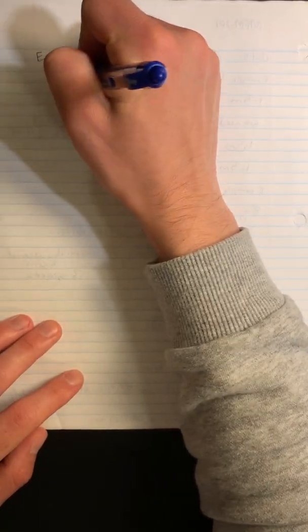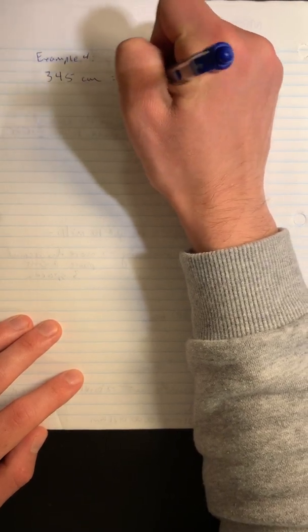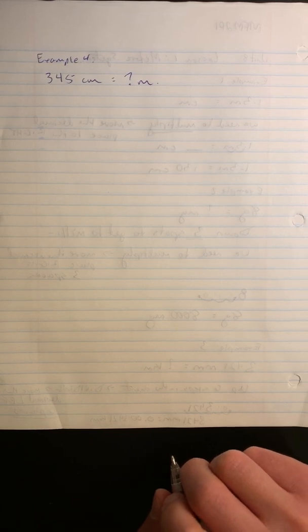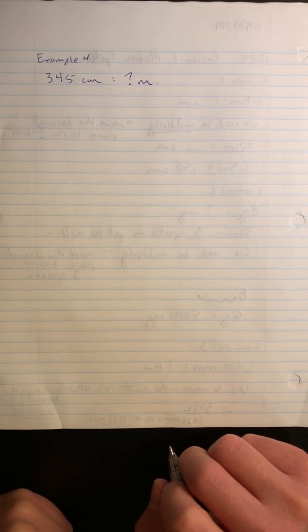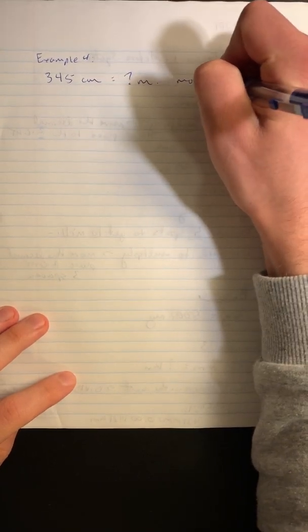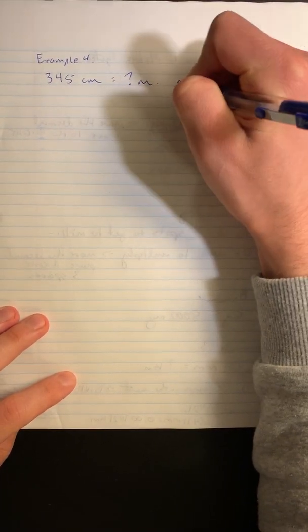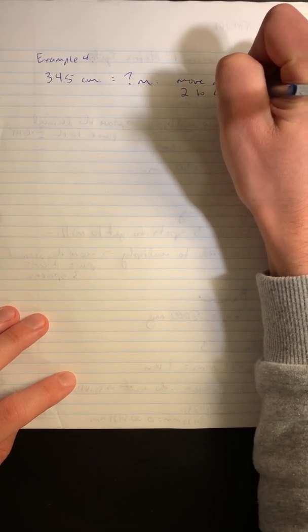Example 4, okay? We're given 345 centimeters, and we want question mark meters. Well, how many steps away is centimeters from meters? It's 2 steps in that chart, and it's 2 steps up. And that means we're going to move the decimal 2 to the left.